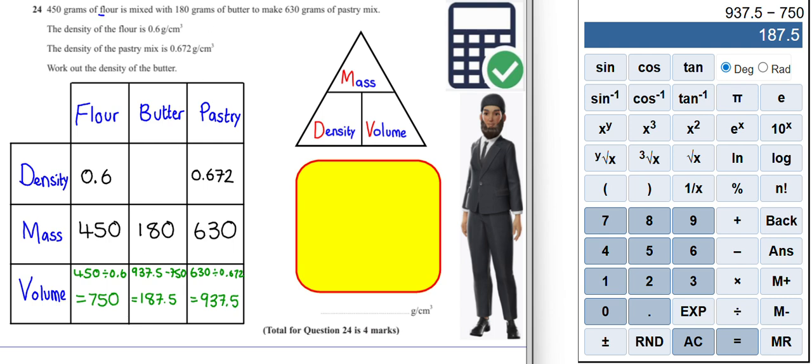Now, to work out the density, this is what we're looking for. To work out the density, we are going to be doing the mass divided by the volume. We're working out the density. So we've got the mass, which is 180. Let's write that down.